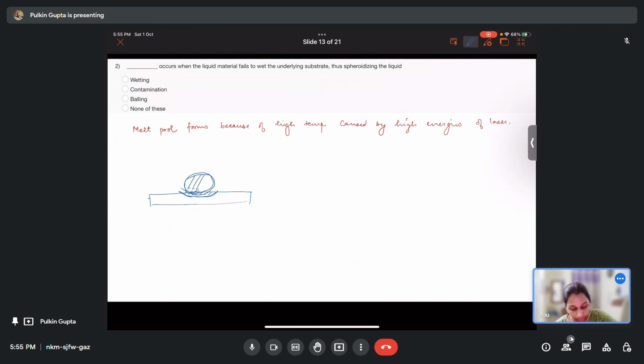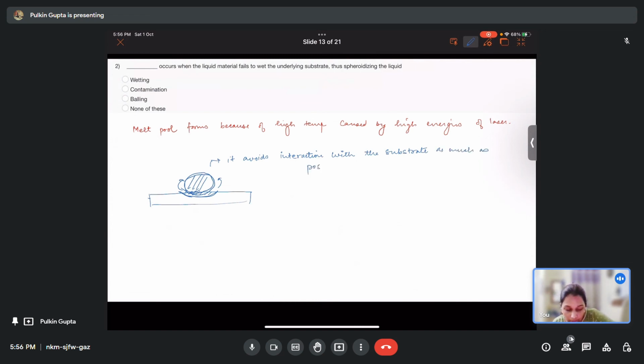Okay, so because of the surface tension forces, it avoids interaction with the substrate as much as possible.